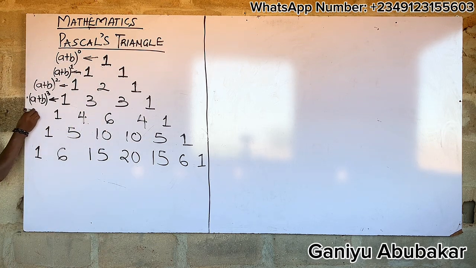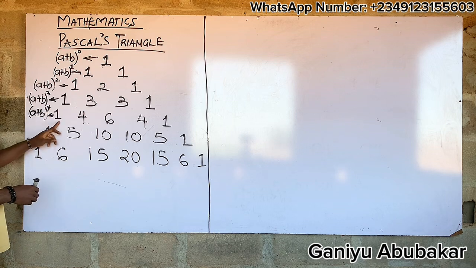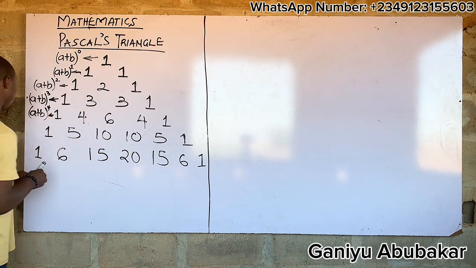Similarly, for (a + b) to the power 4, if the degree is 4, I'll use 1, 4, 6, 4, 1 as my coefficients.